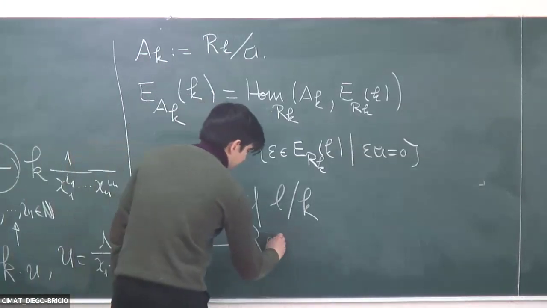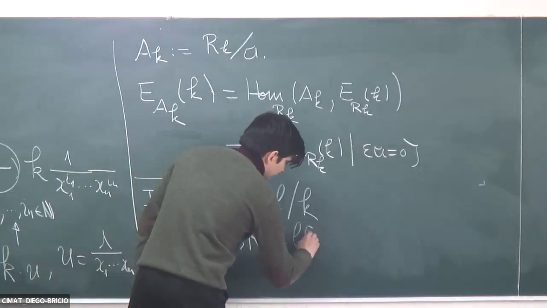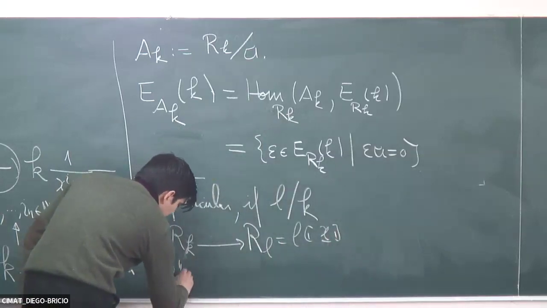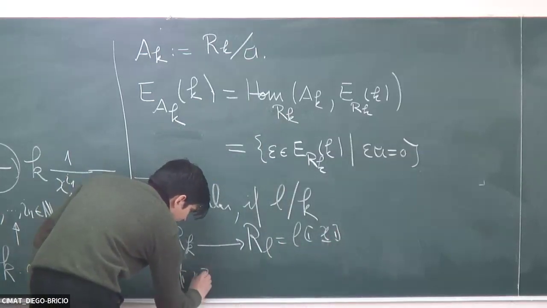So what varies is the field. This is just L power series in a whole bunch of variables, and this is K power series in the same set of variables.